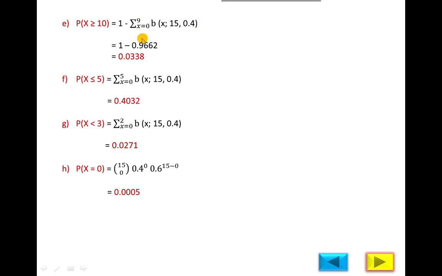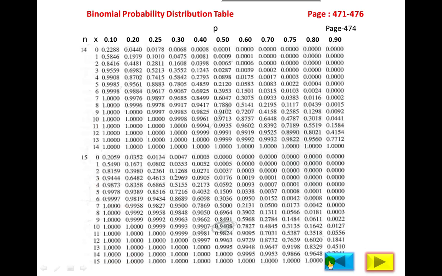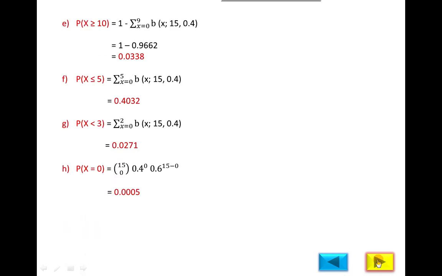The value of 0 to 9 is 0.9662. From 1 subtract 0.9662, and you will obtain 0.0338.